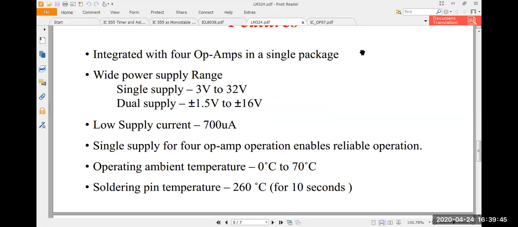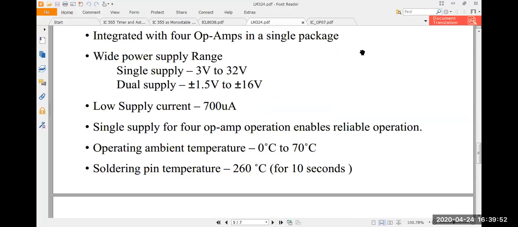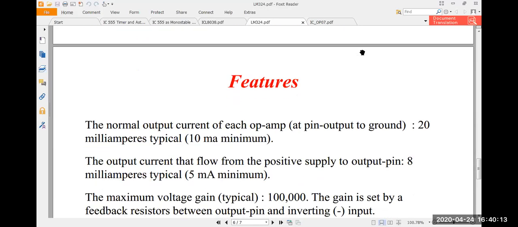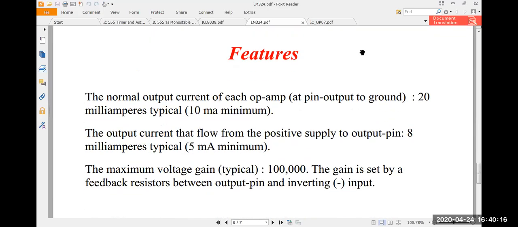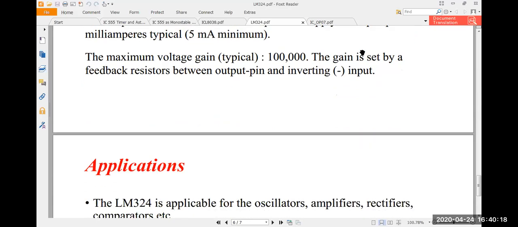But as far as LM324 is concerned, it is used as a single power supply. Supply current is very low. It has reliable operation. The operating temperature range is between 0 degrees Celsius to 70 degrees Celsius. So these are some of the features of LM324.